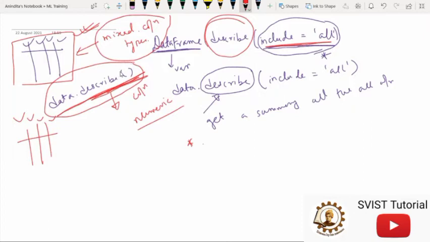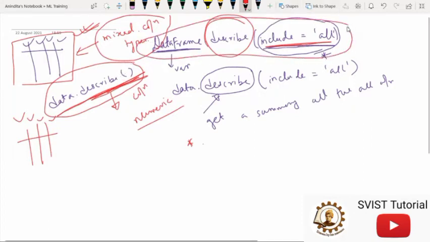However, for mixed data types, you have to use this syntax for describe. And also remember that this describe function works on individual columns.